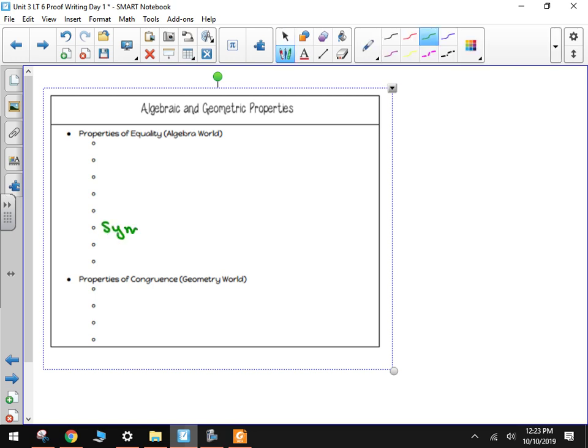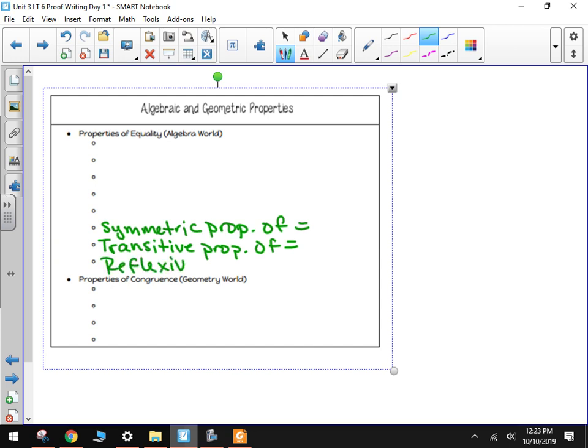So symmetric property of congruency, transitive property of congruency, reflexive property of congruency, and then we're also going to put substitution property of congruency. Okay. So make sure you add those onto your sheet.